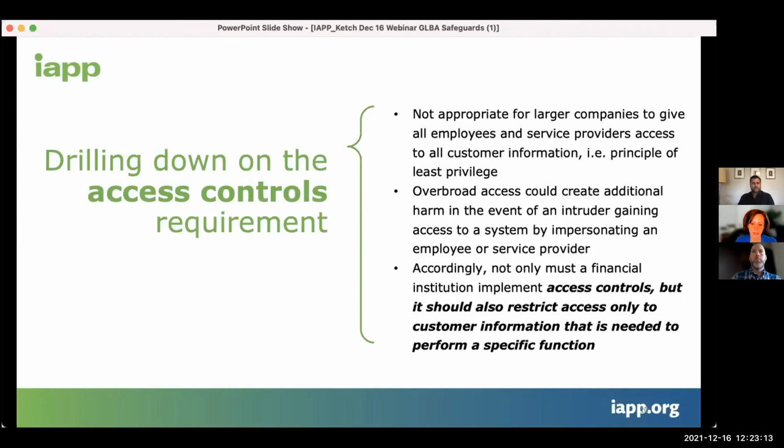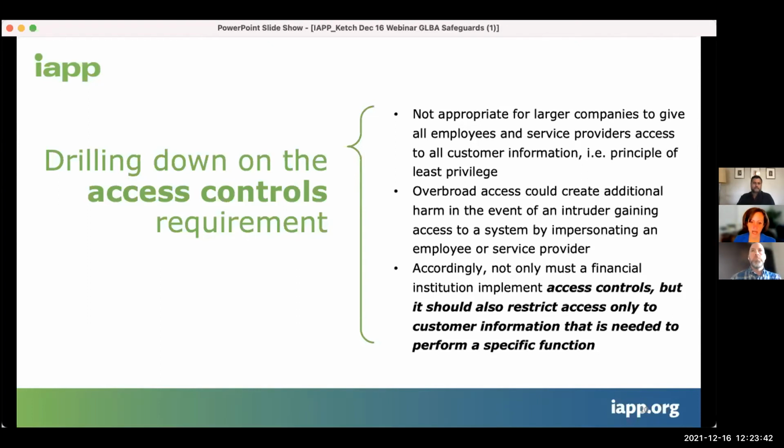Here, really applying the principle of least privilege, it's not appropriate to give all employees and service providers access to all customer information. As privacy professionals, this is understood by everyone on this call, but for security professionals, this isn't something routinely incorporated in their review, but now is required for financial institutions.